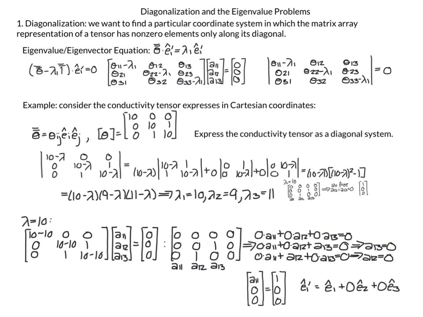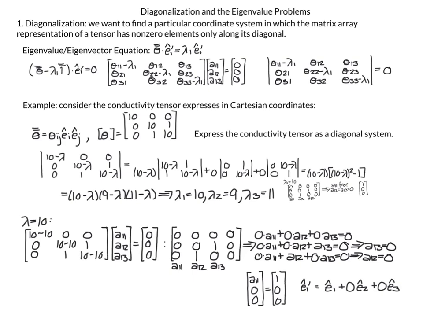So our solution vector, our eigenvector, is of the form A11, 0, 0. And since we want a unit vector, and also because the numbers are easy, we're going to choose A11 to equal 1. So our first eigenvector is 1, 0, 0. That's the eigenvector associated with the eigenvalue of 10.